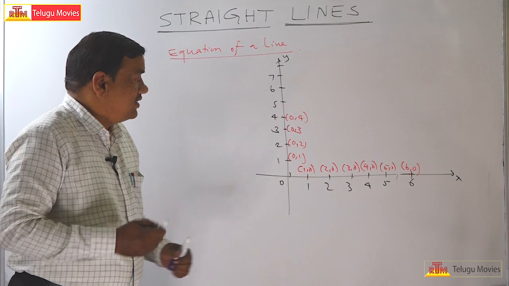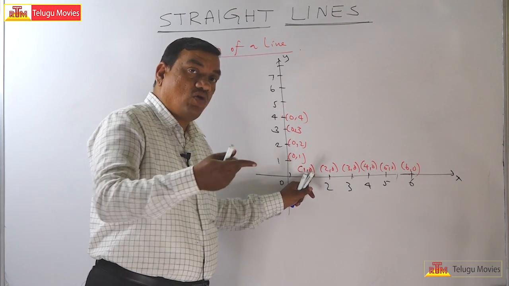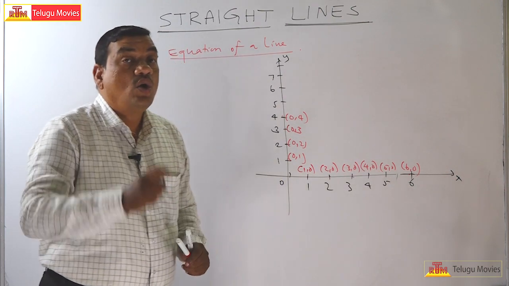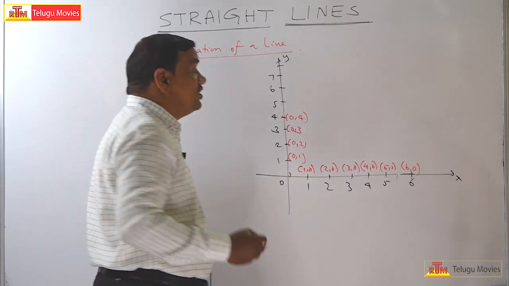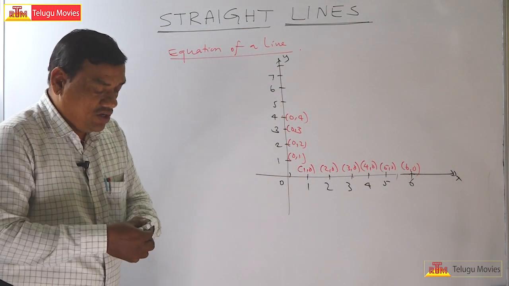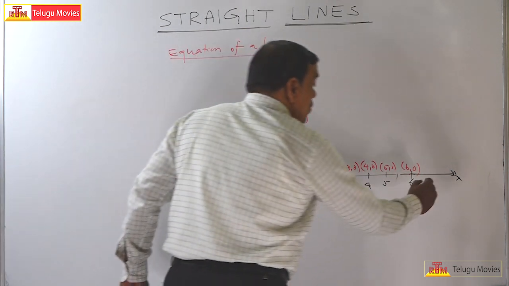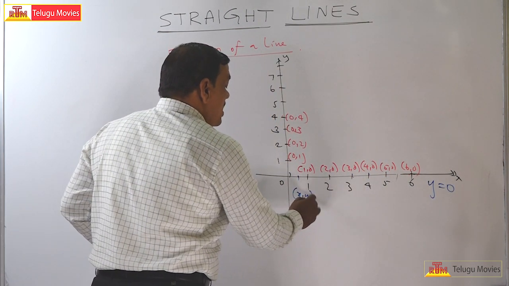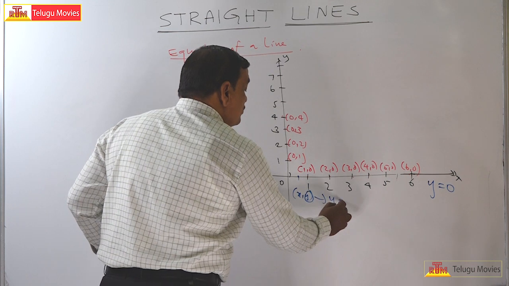If you observe here, 1 comma 0, the y coordinate is 0; the y coordinate is 0 everywhere. So the common property that we are observing is y is equal to 0. If you take any point, x comma y, the y value becomes 0.